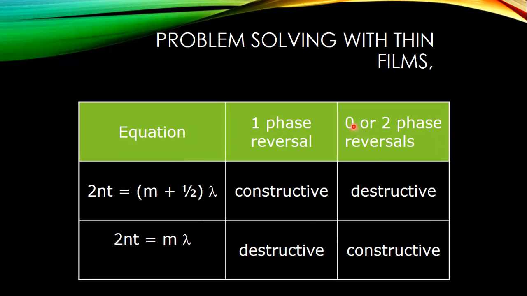There we're going to get two phase reversals. So in this particular case, you're going to have destructive interference at a quarter of a wavelength. This is the case of the anti-reflective coating. And you're going to have constructive interference at half a wavelength. This is the half wave stack, also known as the dielectric mirror.